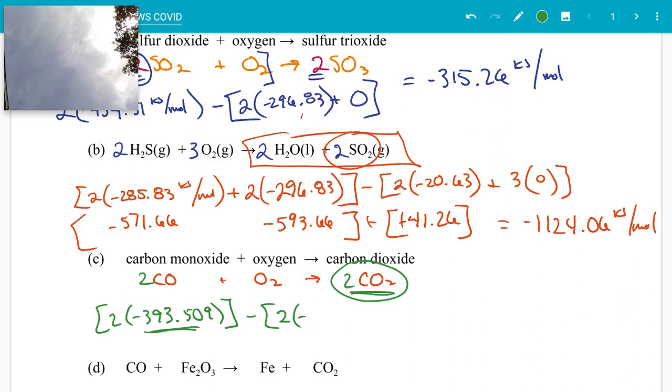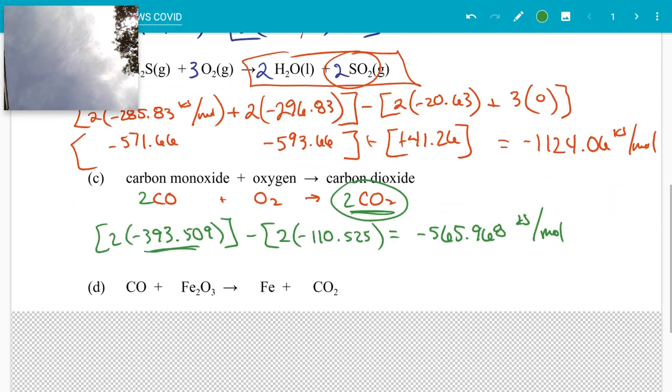And the carbon monoxide is 110.525, which means you're subtracting a negative. And so when we get it all worked out, we will have a minus 565.968 kilojoules per mole. All right, let me know if you have any questions about that one.